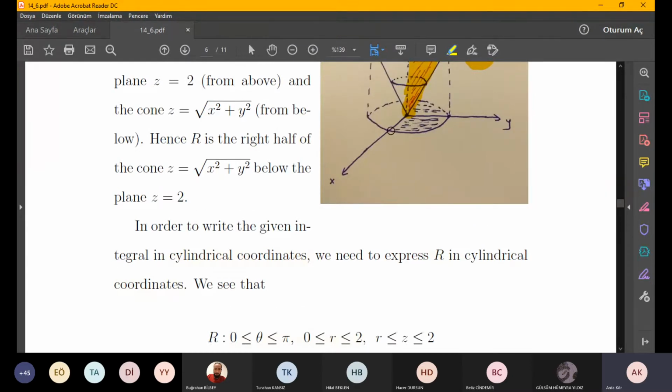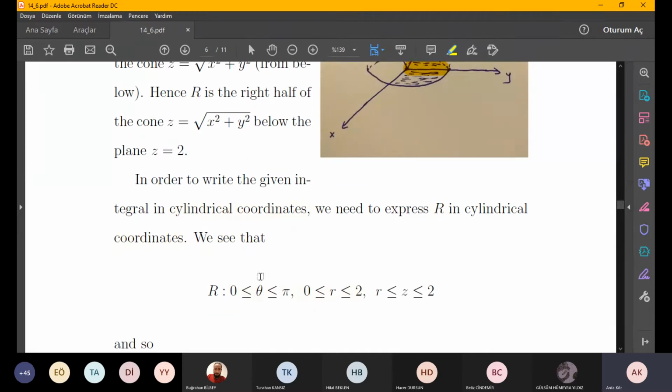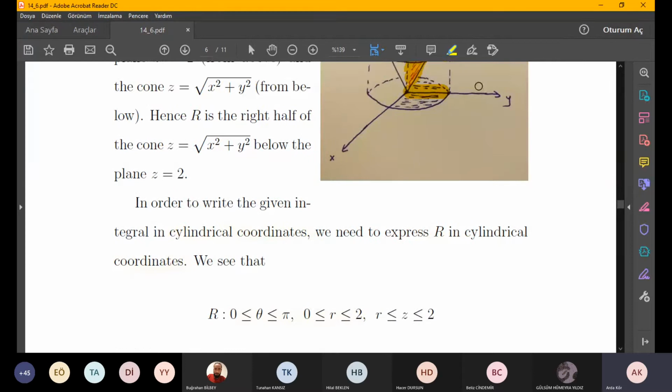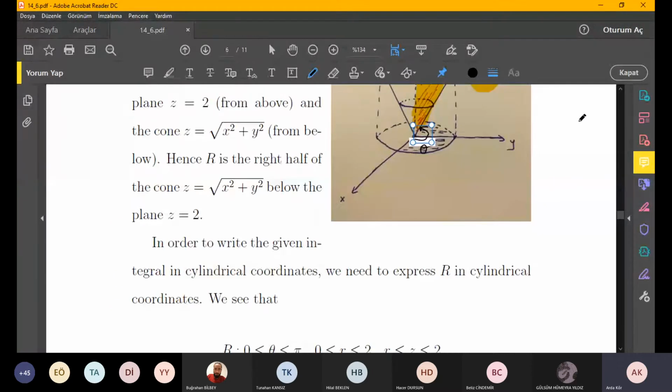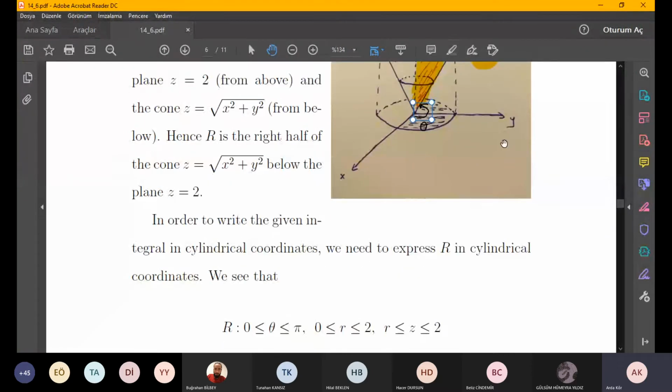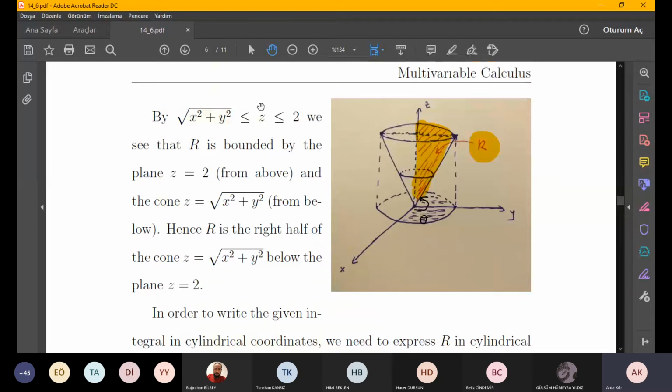So let me just draw here, maybe. So here, this will be theta. So theta will be in between 0 and pi, and z is in between.